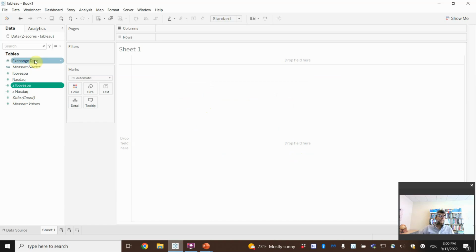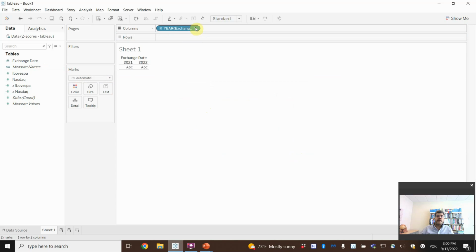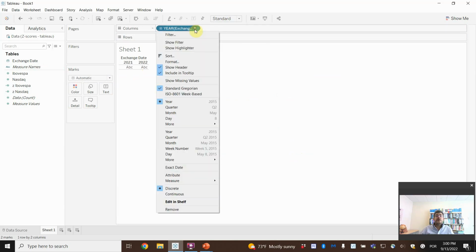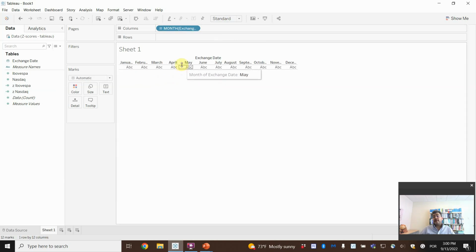Okay, now let's create a chart. So first of all, let's create our data. However, do we want yearly or day? And here, what is the difference between this and this? If we go here, month, May, we have 2 years, 2021, 2022.